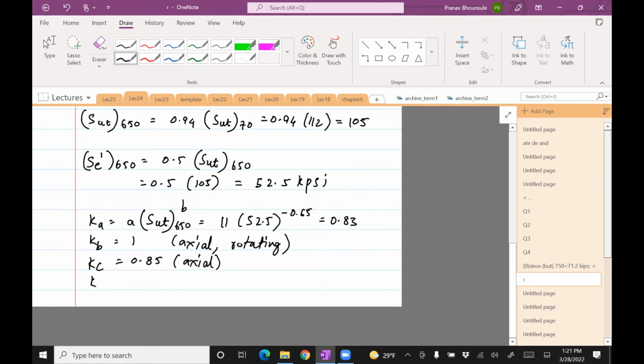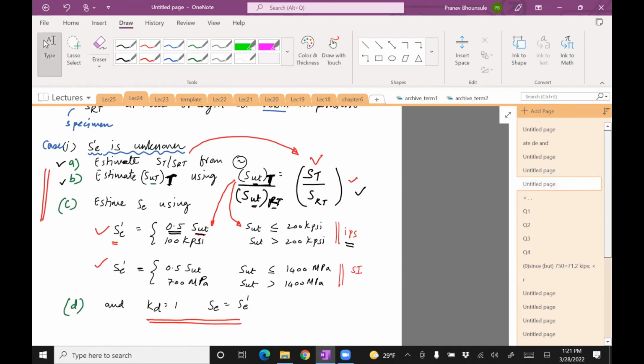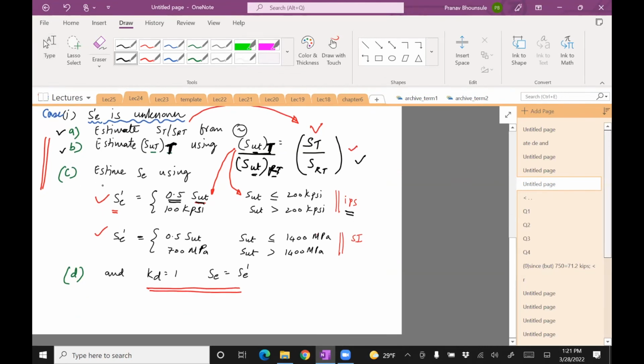Okay, then KD. For KD, we go back to this thing. In this case, SC prime is unknown. We went through A, B, C, we compute SC prime. Now, KD is 1 if SC is SC prime. So this is the case. So KD is 1.